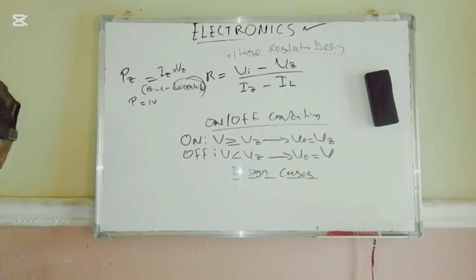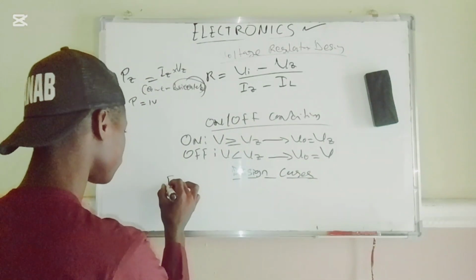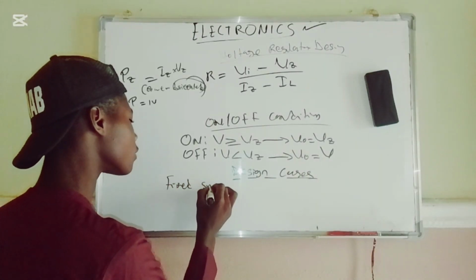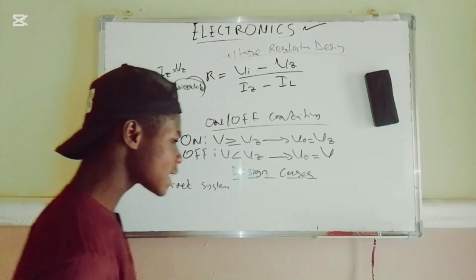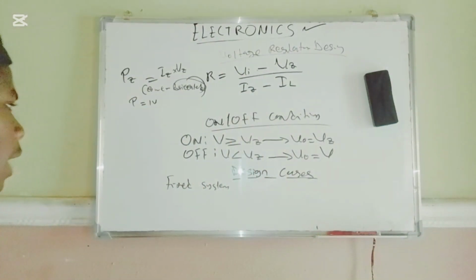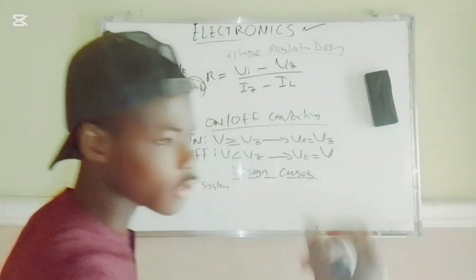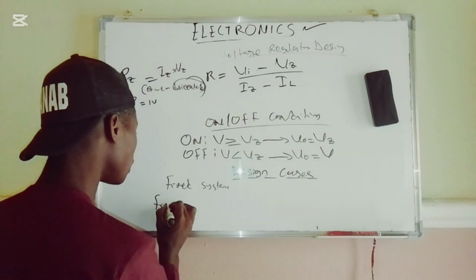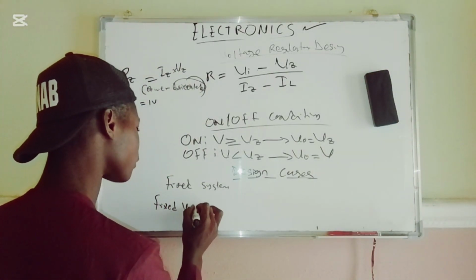For the design cases, we have the fixed system. The fixed system is like the values that we have in our variables, perhaps the variable that is the subject of the formula. There is what we call the fixed variable.